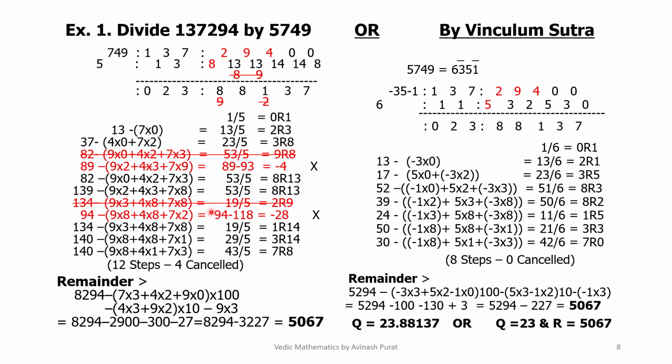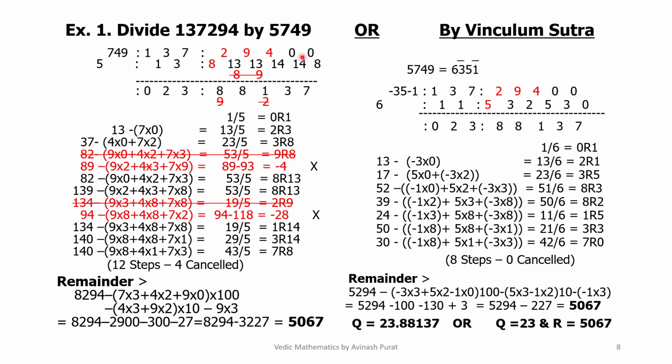So this is not possible. So we go back to 134. 134 minus 9 into 3 plus 4 into 8 plus 7 into 8 equal to 19 divided by 5. So we take 1 and not 2 as quotient and remainder 14.